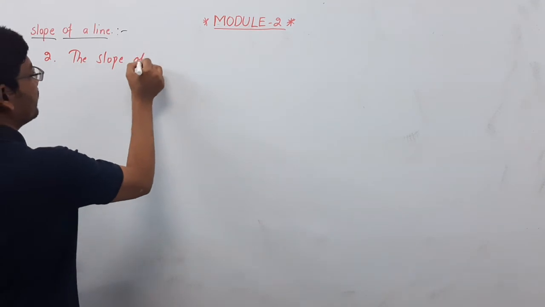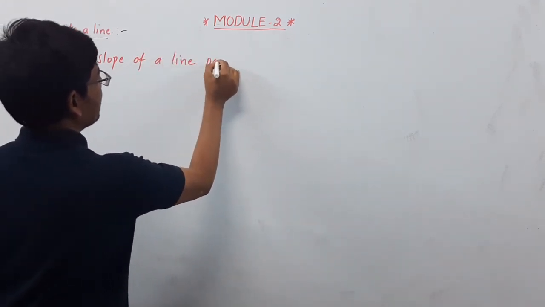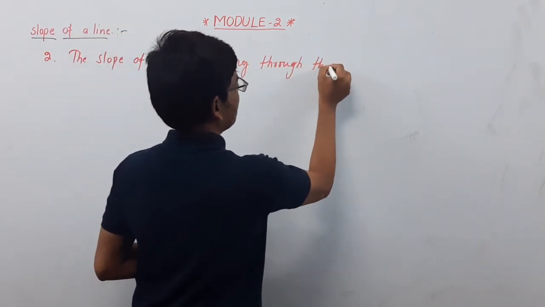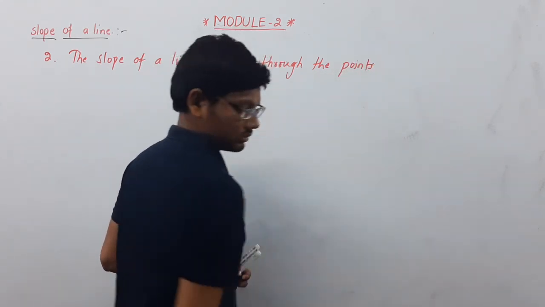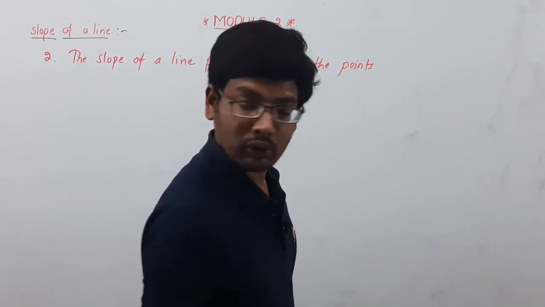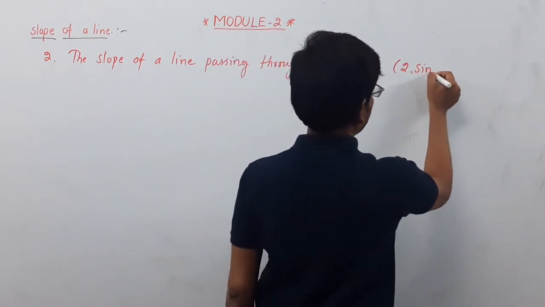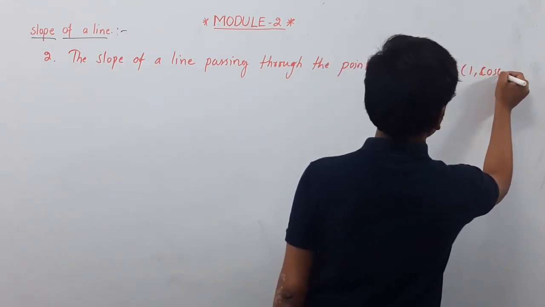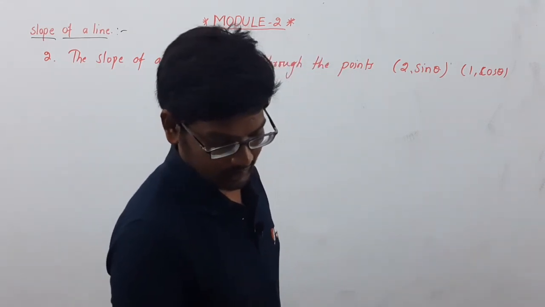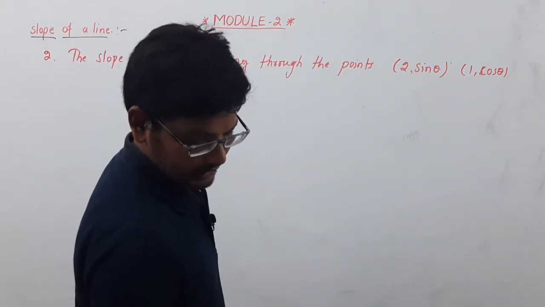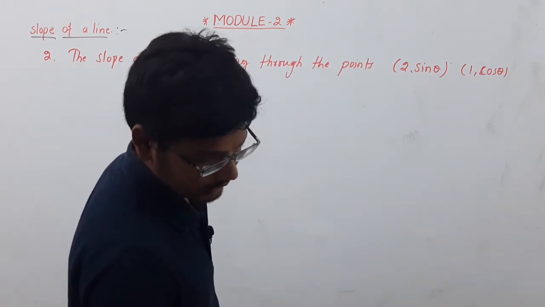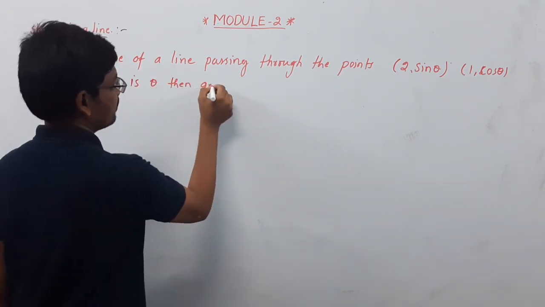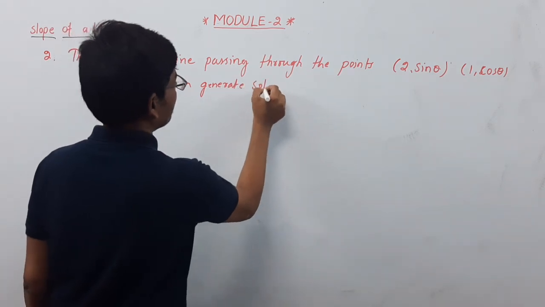The slope of a line passing through the points 2 comma sin theta and one more point 1 comma cos theta is... theta, then general solution of theta.